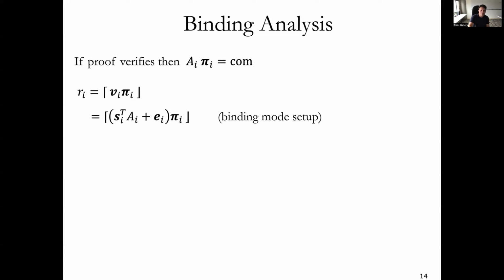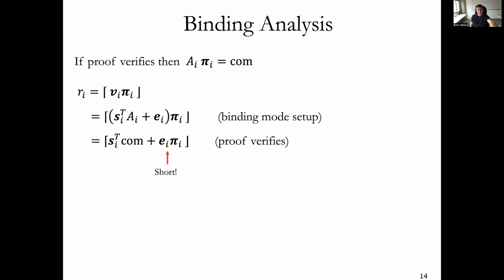If we look at this bit, the first thing we can do is substitute v_i with s_i times a_i plus noise, because that was how setup did it. Then we can use the distributive property and multiply things out. Remember that a_i times pi_i is equal to the commitment, otherwise verification wouldn't have worked. So the end result is s_i times the commitment plus e_i times pi_i.